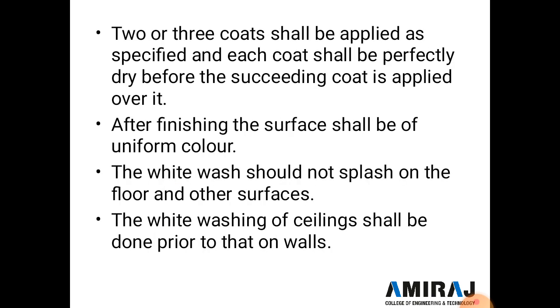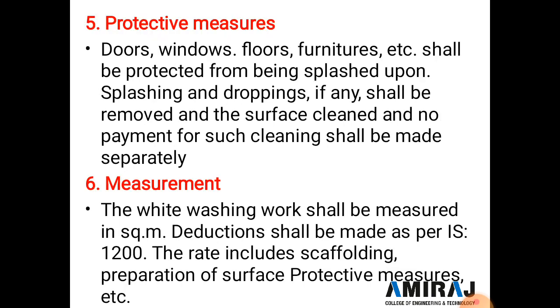The 2 or 3 coats shall be applied as specified, and each coat shall be perfectly dry before the succeeding coat is applied over it. After finishing, the surface shall be of uniform color, and the whitewash should not splash on the floor and other surfaces. The whitewashing of the ceiling shall be done prior to that of the wall.